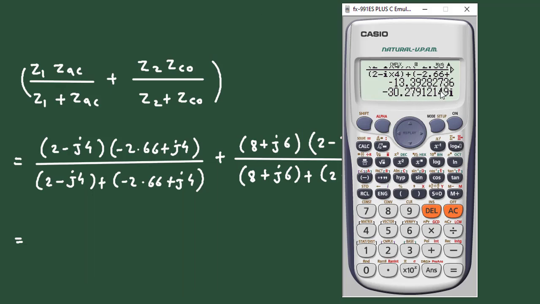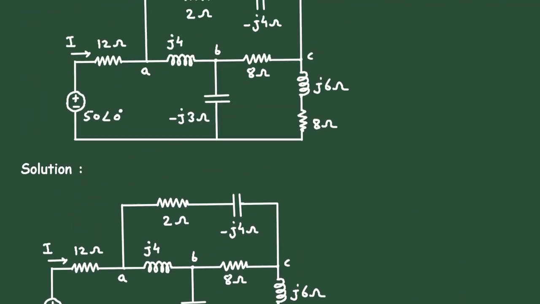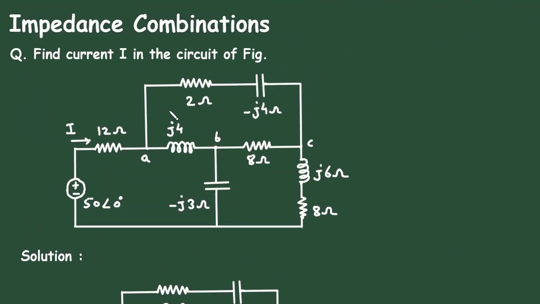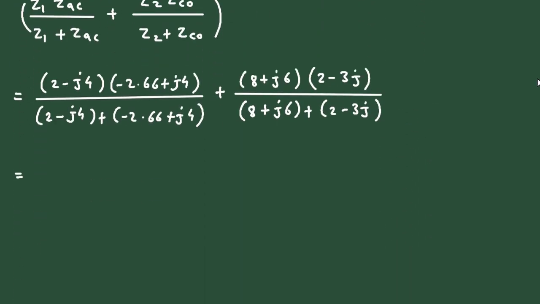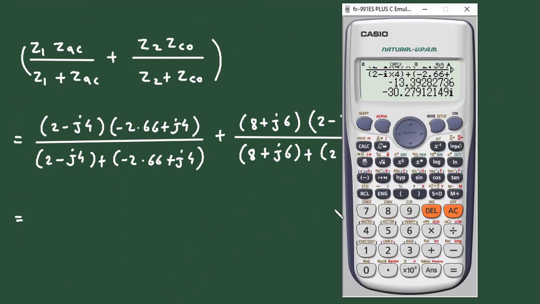So let's convert this value into its equivalent polar form. We have to find the value in the frequency domain. So let's take this value in polar form. Shift 2 and 3.